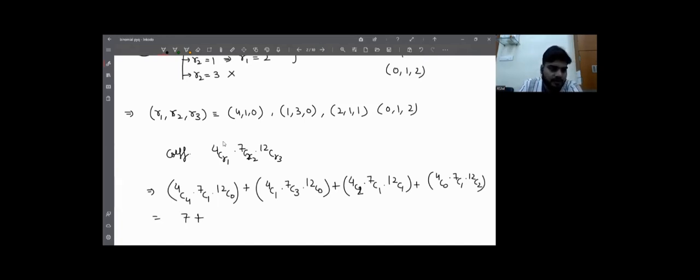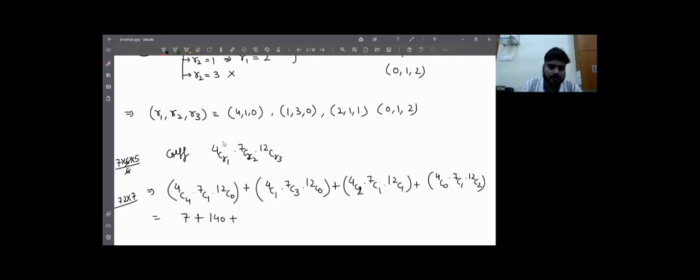Then 4 times 7C3 is 7 times 6 times 5 upon 6, so 35, right? 35 multiplied by 4, 140. 4C2 is 6. 6 multiplied by 7, 6 multiplied by 12, 72 multiplied by 7 हो गया 490.